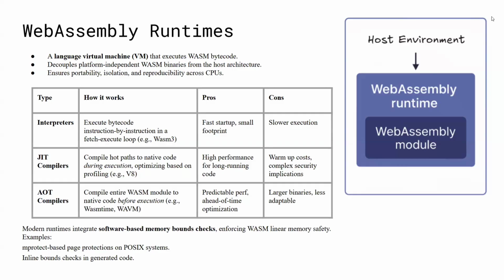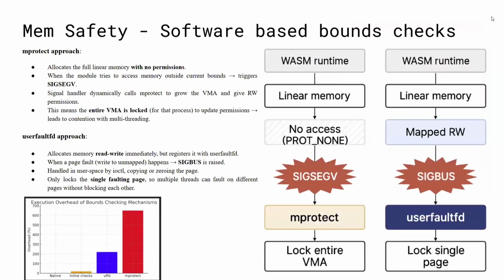But again, the statically linked allocators and the other problems that we saw start coming in. When WebAssembly started evolving, they started incorporating something called software-based memory bounds checks because they didn't want this particular problem to happen. So at the software level, this memory bounds check started happening.